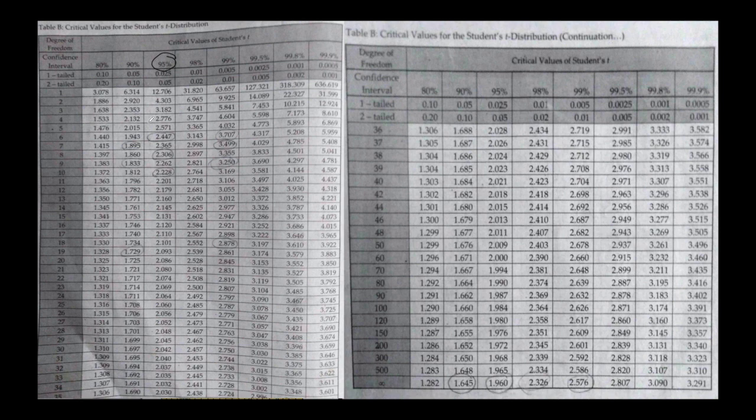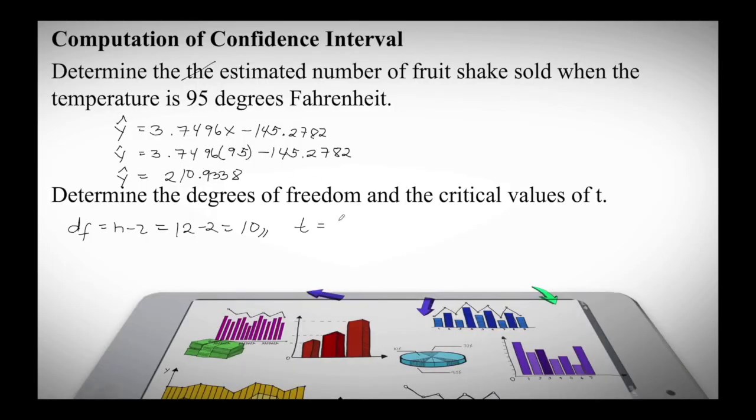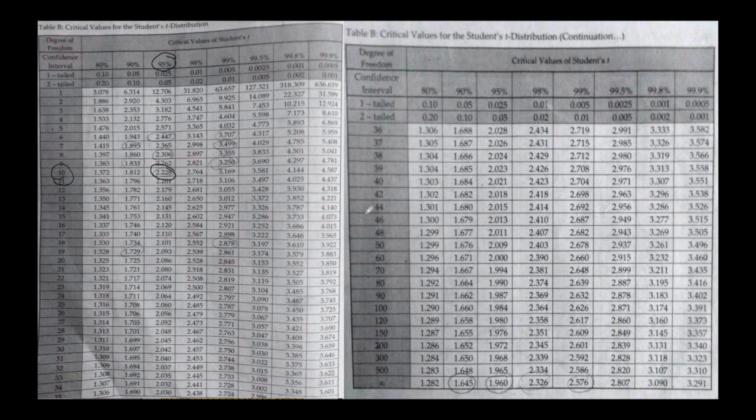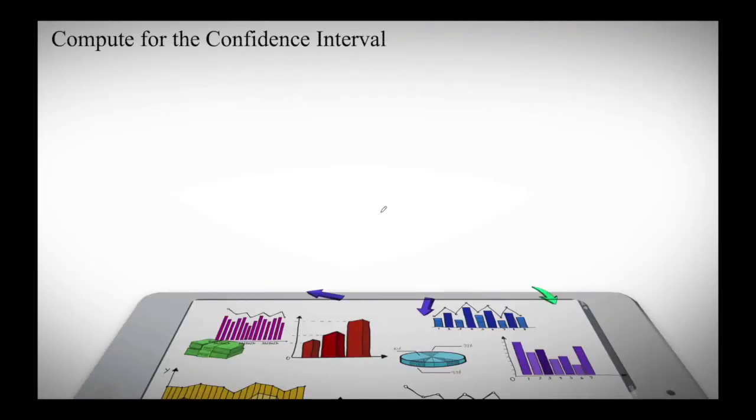For the sign, let's just use plus and minus. For df 10, the intersection is 2.228. So our T critical value will be positive or negative 2.228.